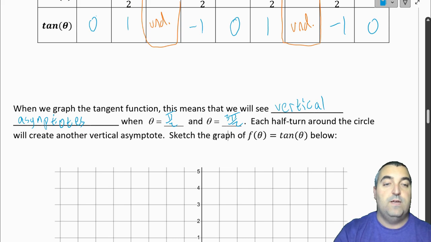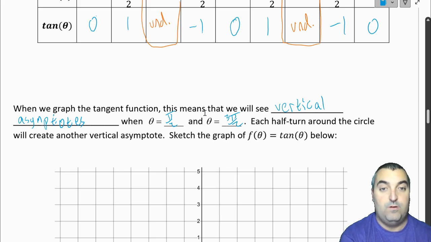And so each half turn, if you will, around the circle will create another vertical asymptote. In other words, these are spaced pi apart.